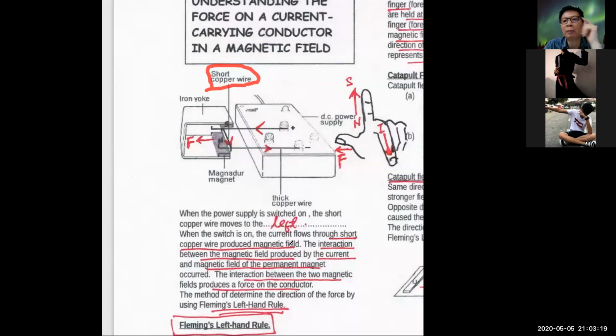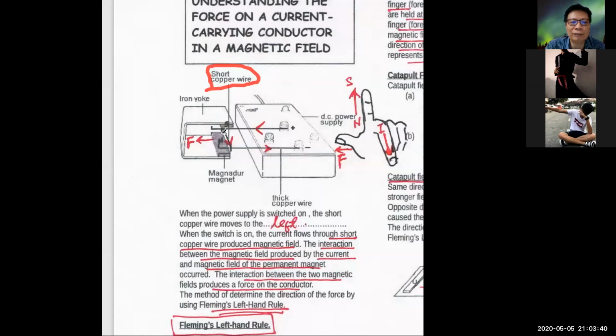Then, one more thing here, which is very technical. In this place, there are two magnetic fields. One is a magnetic field because of the current flowing here, surrounding the wire. Another magnetic field is from this permanent magnet, north to south.